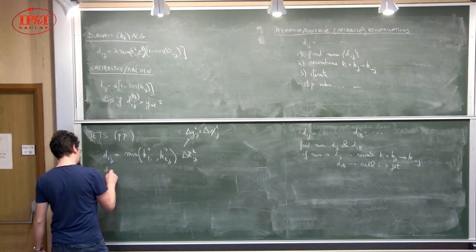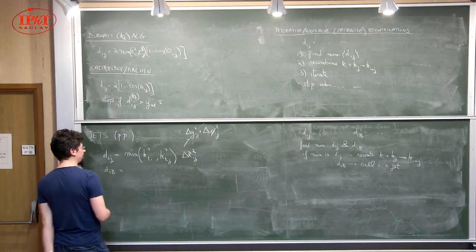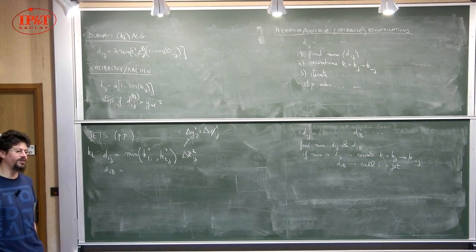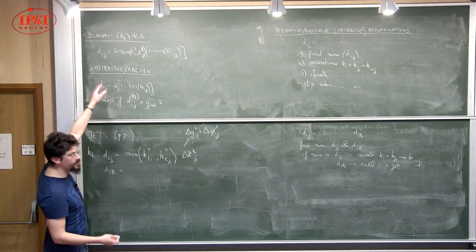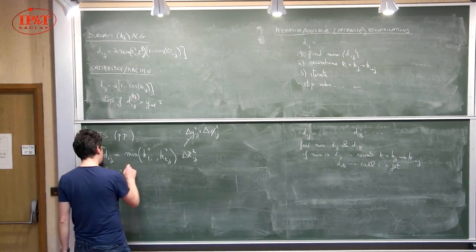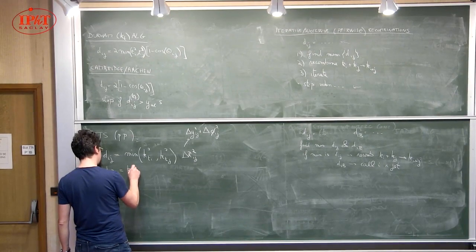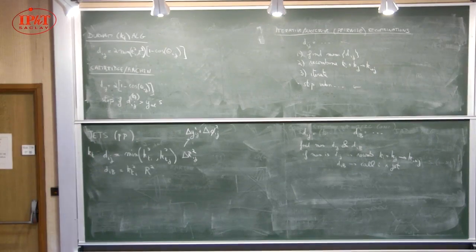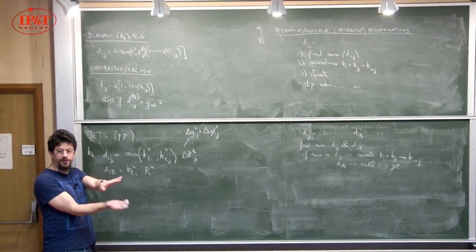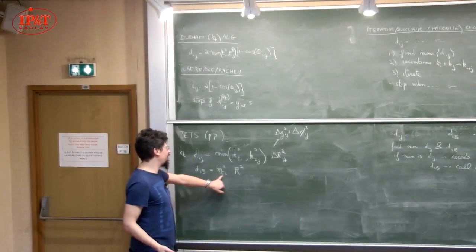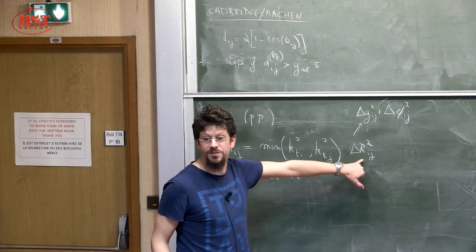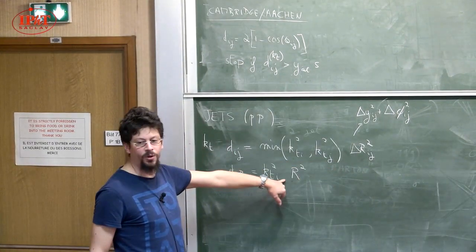In this case, it's probably better to discuss this on the kt example. This is the kt algorithm for pp, what people often refer to as the longitudinally invariant kt algorithm, as compared to some spherically symmetric version. You define d_iB as k_ti squared, and d_ij with a parameter R squared. To get an idea of what this is doing: as long as the distances between particles are smaller than R, the angles are smaller than R squared, so d_ij is going to be smaller than d_iB.